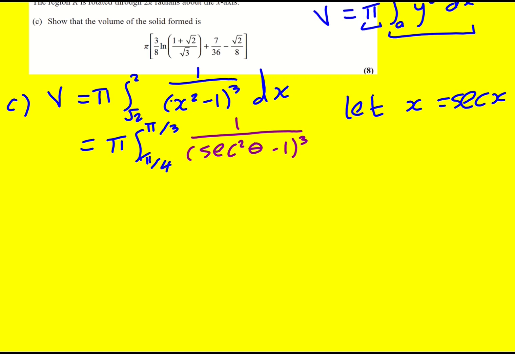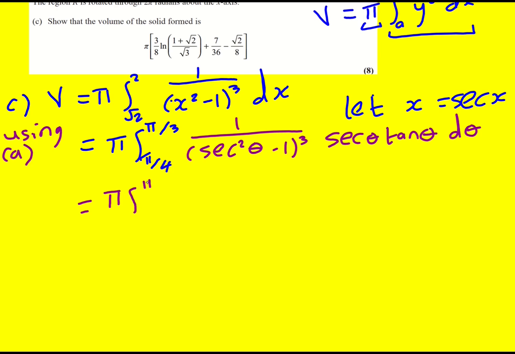And then I'm times in by, I think it was, sec theta tan theta. So this is using part A. Okay, and then that is going to become pi, integral, pi over 3, pi over 4.